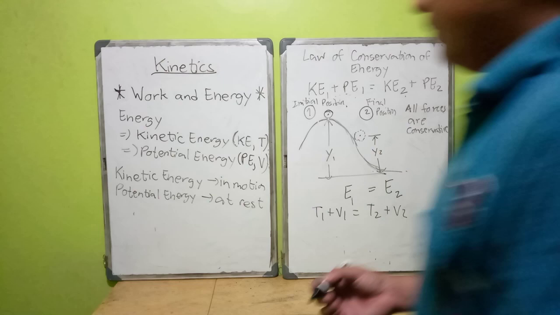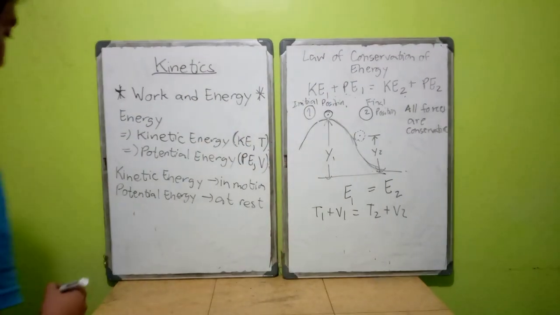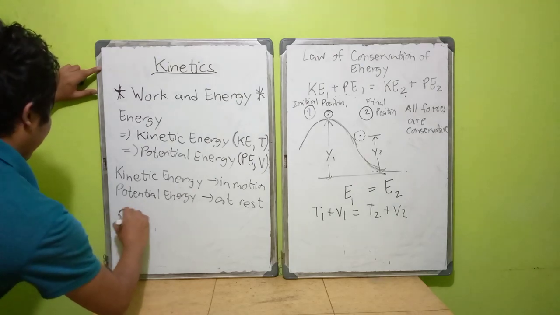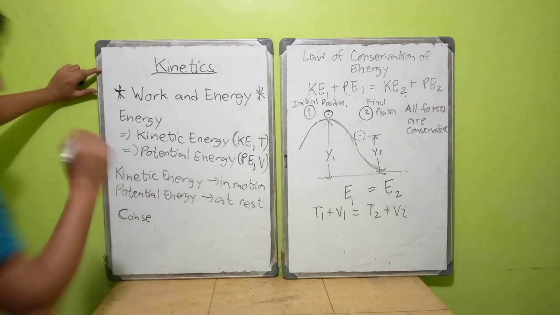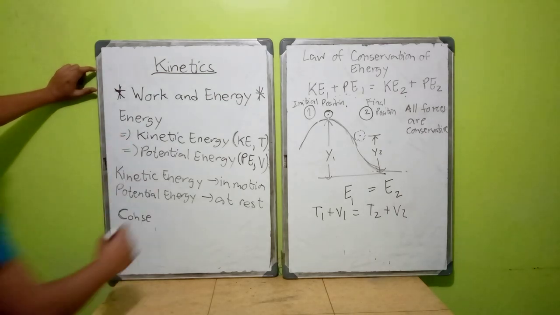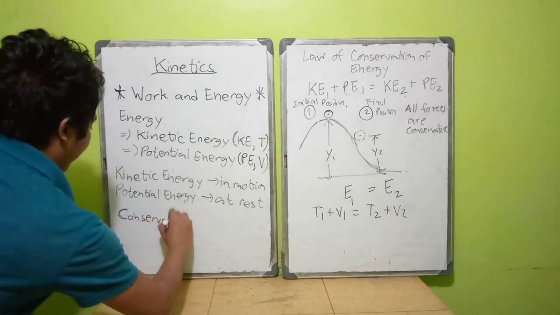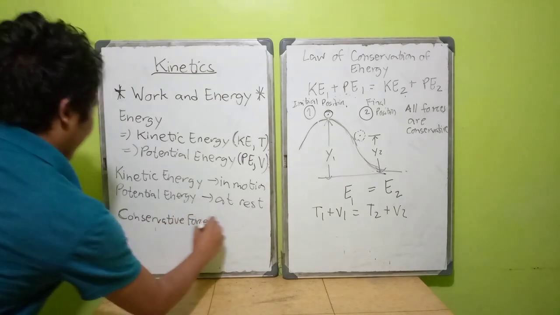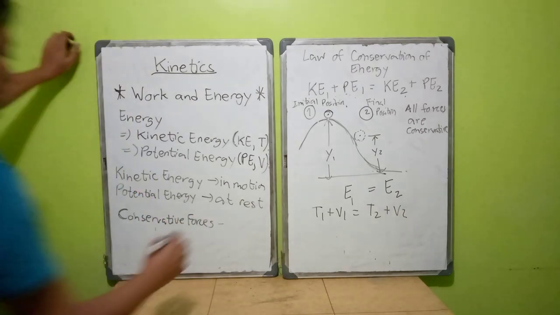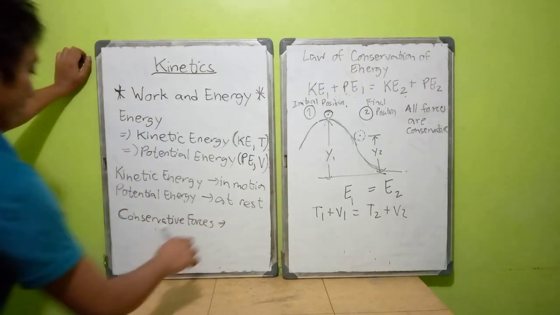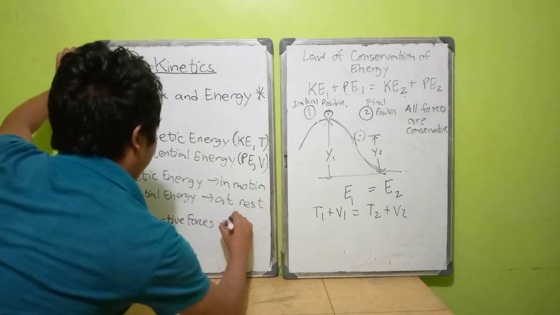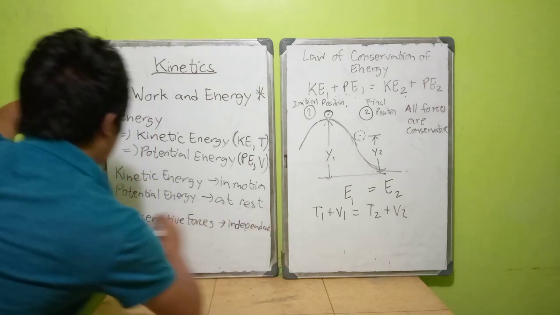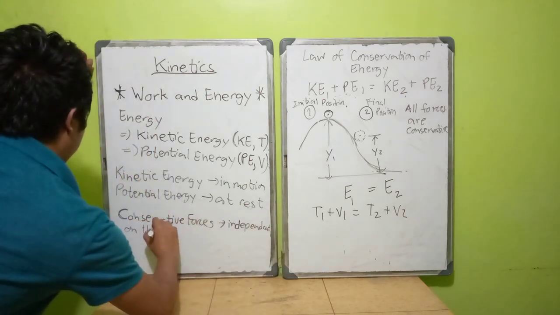Okay, so I just want to put here the definition of conservative forces. We will have more examples as we discuss, so that we will understand what these conservative forces are. A conservative force is independent of the path taken.